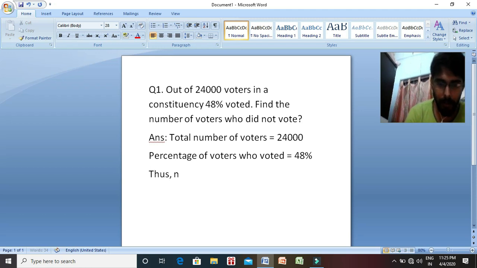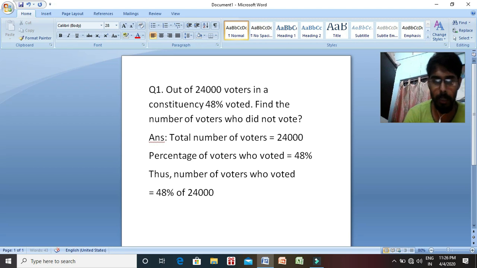Thus number of voters who voted equals 48% of 24,000. So that should be the answer to this.